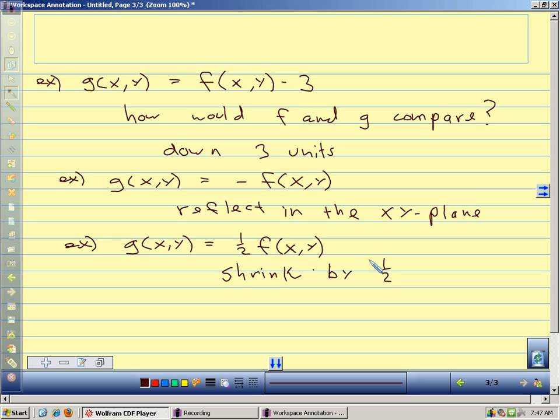All right, so this is just helping us visualize some transformations of graphs. We just want to work a little bit on how we visualize these surfaces. So next we're going to talk about another tool that we have. You're going to be a little bit familiar with this because everybody's seen this idea, you just might not have thought about it in this context.